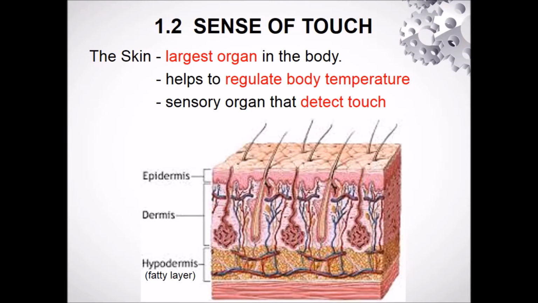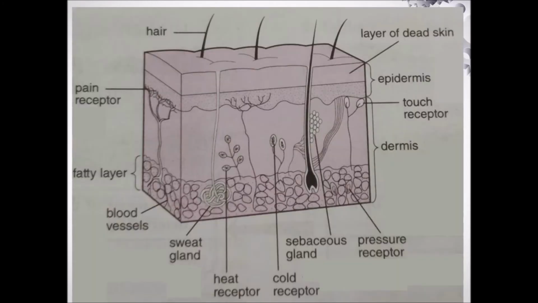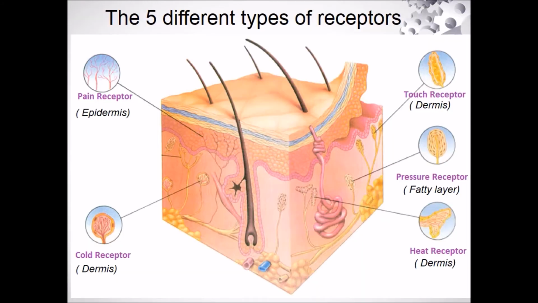This is a diagram that shows the different parts of the skin. There are five different types of receptor in our skin, namely the pain receptor at the epidermis layer, the cold receptor, touch receptor and heat receptor at the dermis layer, and finally the pressure receptor at the fatty layer.